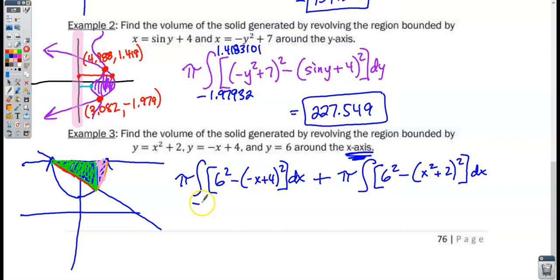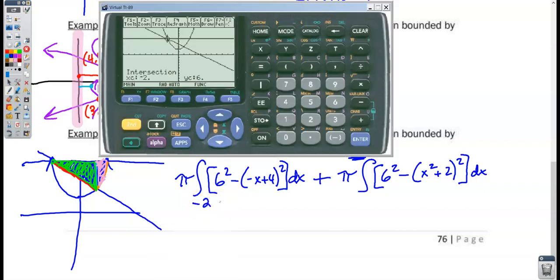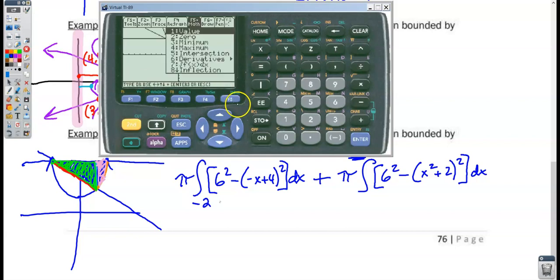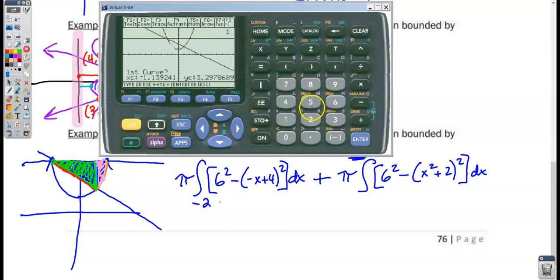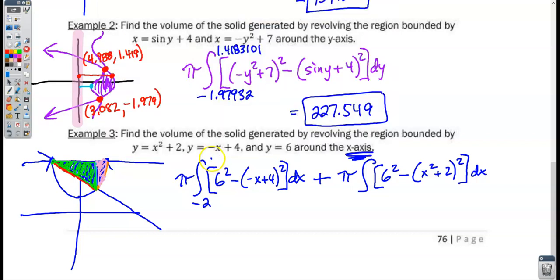So I want the x-coordinate of that as my limit of integration. And then I've got the next intersection point over, which is between the parabola and the line y equals negative x plus 4. That's at the point (1, 3). Wow, those were nice limits of integration.